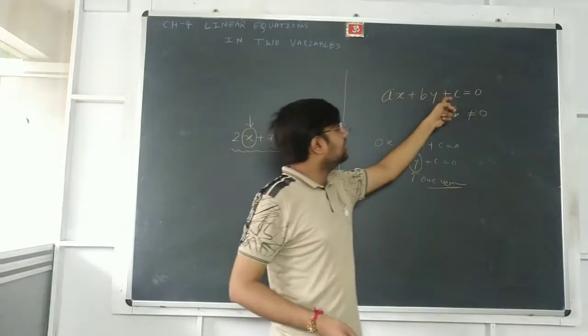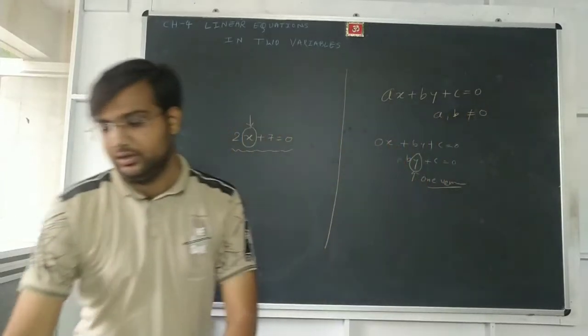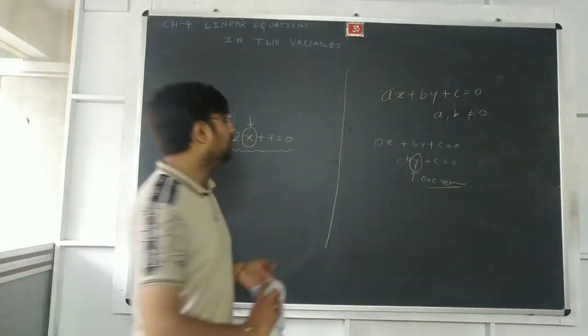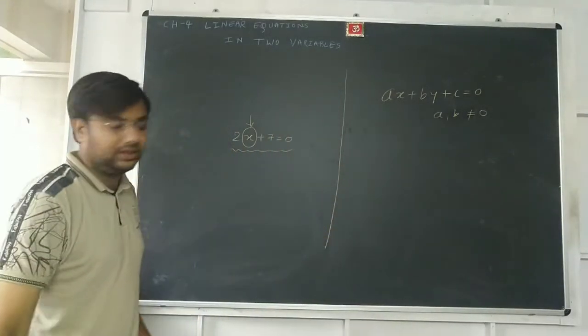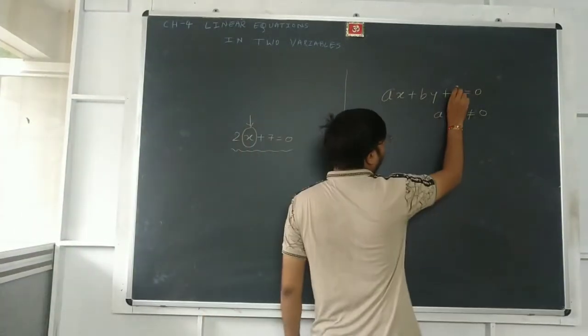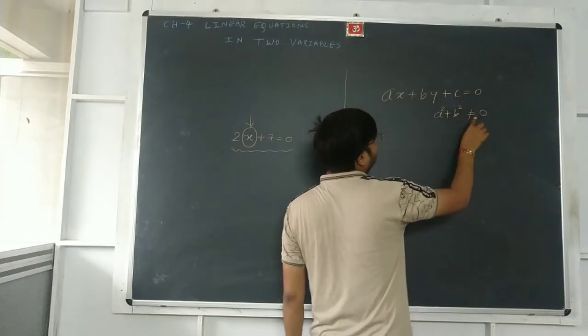ax plus by plus c is equal to 0. It is the general form of the linear equation in two variables. Now we have to also write that a squared plus b squared is not equal to 0.